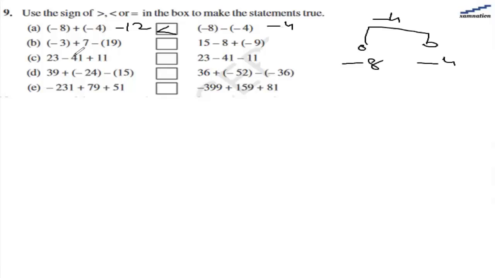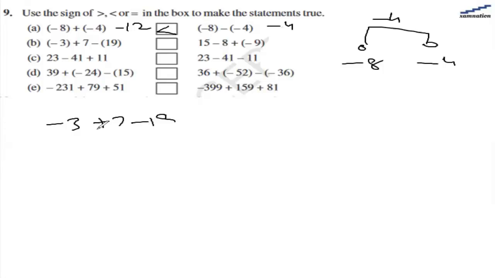For the second part, we have one negative number that is getting added with a positive number, and these both are getting subtracted from one bigger positive number, right? So let's first open the bracket. We have minus 3 plus 7 minus 19, right?